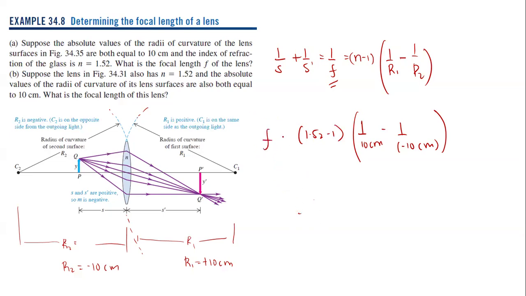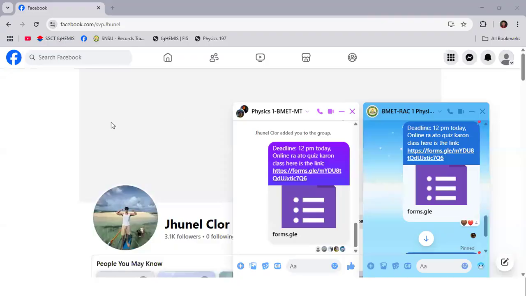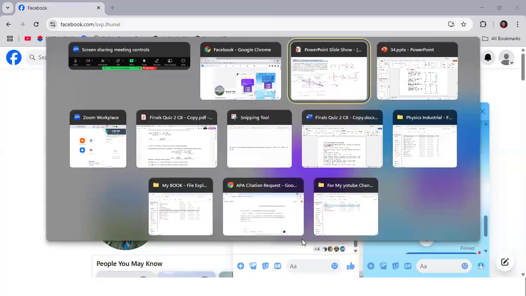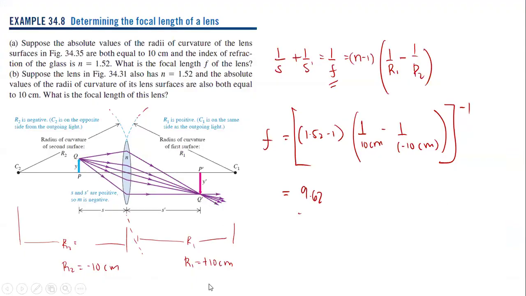F is equal to the inverse, so we have 9.6. Okay, so let's go back.